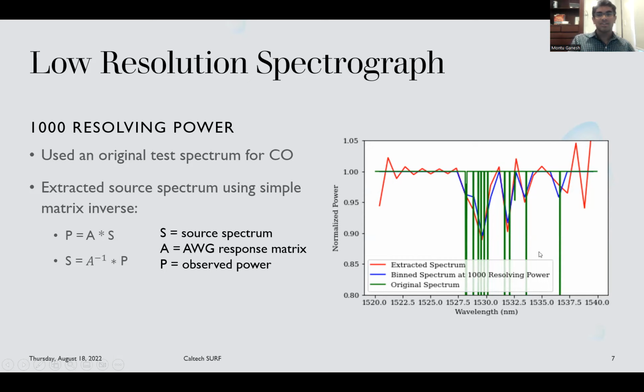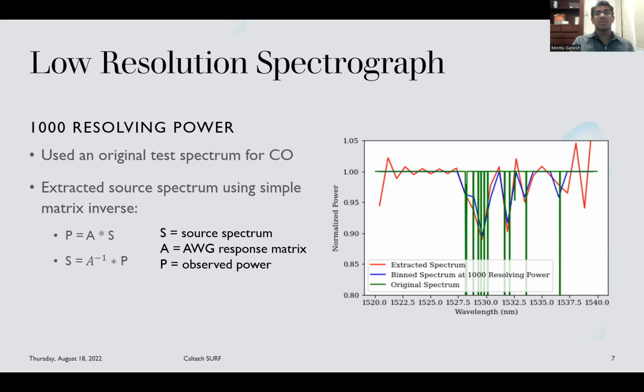If you look at the graph on the right, the x-axis is wavelength and the y-axis is normalized power. The green curve corresponds to the original spectrum, while the blue curve corresponds to the original spectrum at 1000 resolving power that hasn't passed through the AWG.